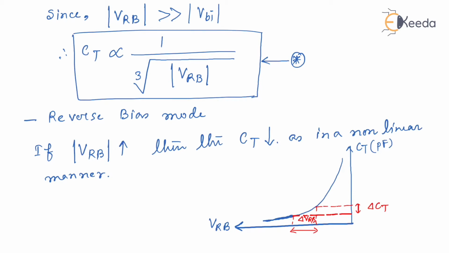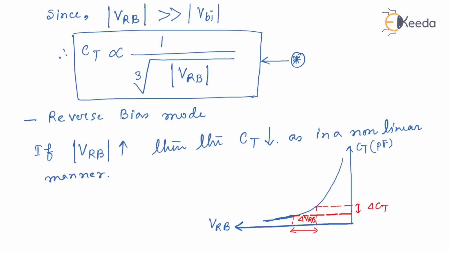Now, for a small change, from this plot we can see that for a large change in the Vrb, we are getting a small change in the transition capacitance.